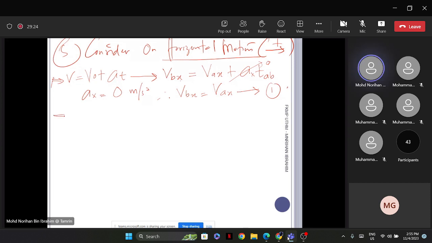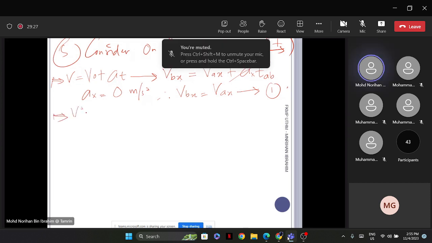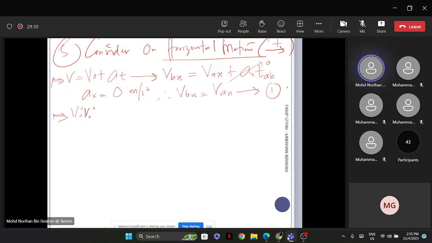Then let's consider the second equation, which is v square is equal to v naught square plus 2a, s minus s naught. As we relate with our illustrations, we have vbx to the 2 is equal to vax to the 2 plus 2ax, s minus s naught.